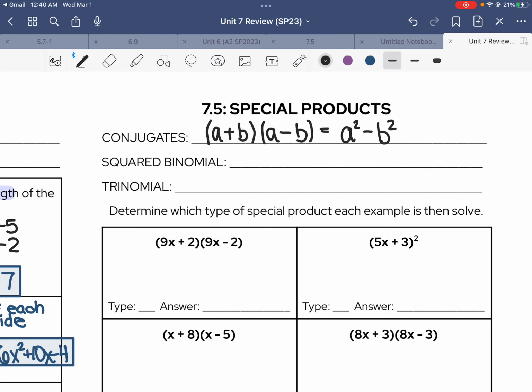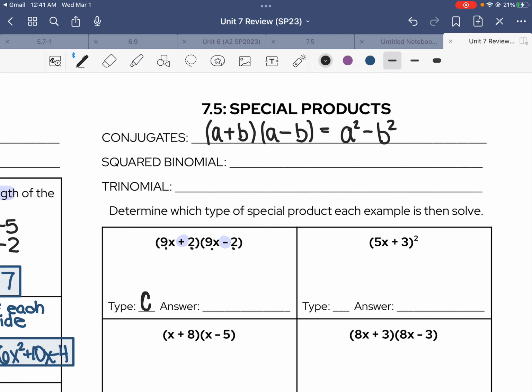And that's it. So the special product means we get to kind of skip the work and use the pattern to help us out. So, for example, on the very first one, you'll notice that you have 9x and 2 and 9x and 2. But one of them is a plus and the other one is a minus. That is a conjugate.